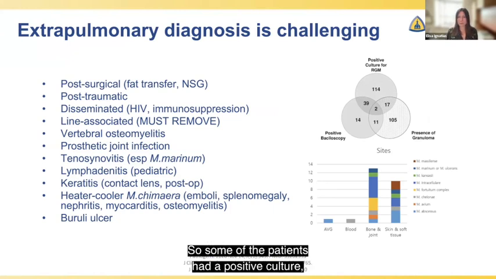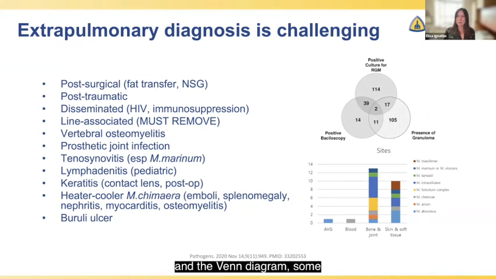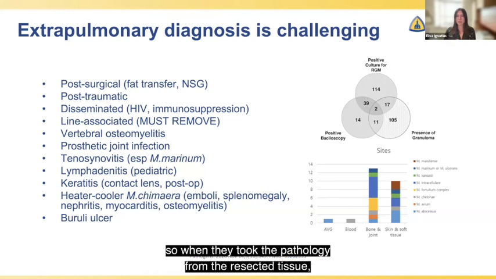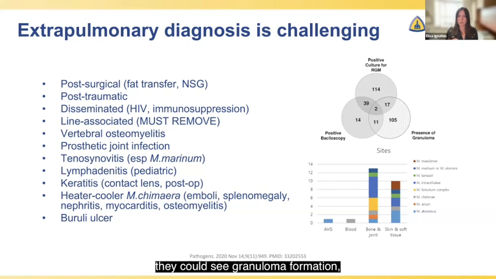Some of the patients had a positive culture, and that's the top circle in the Venn diagram. Some of them had positive smear microscopy, where you get the specimen and look immediately to see if there's visible bacilli present. So that was the positive bacilloscopy. And then some patients had granulomas. When they took the pathology from the resected tissue, they could see granuloma formation.